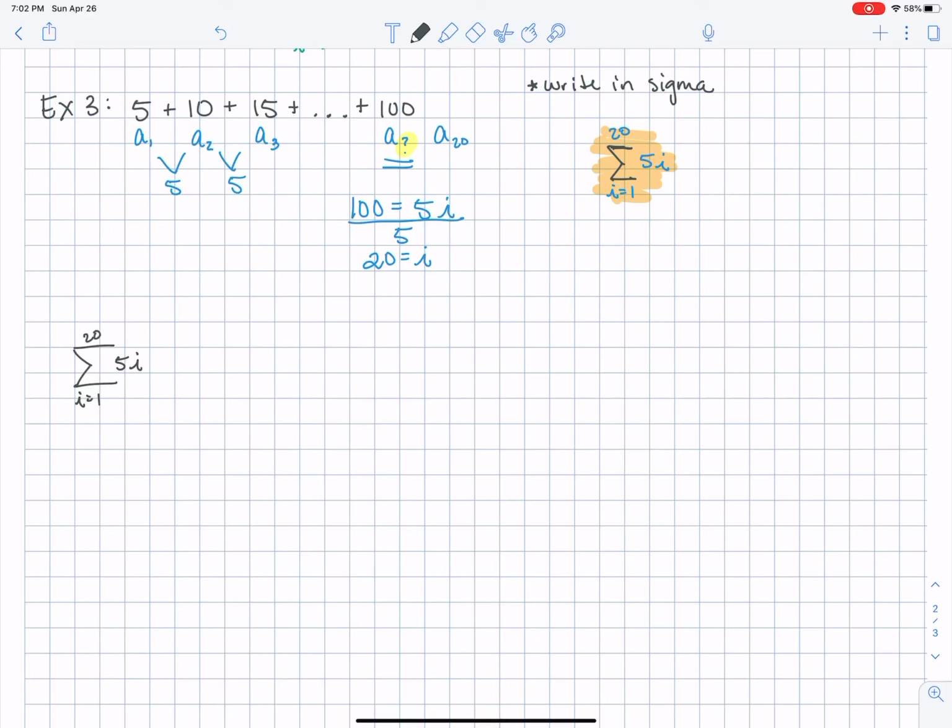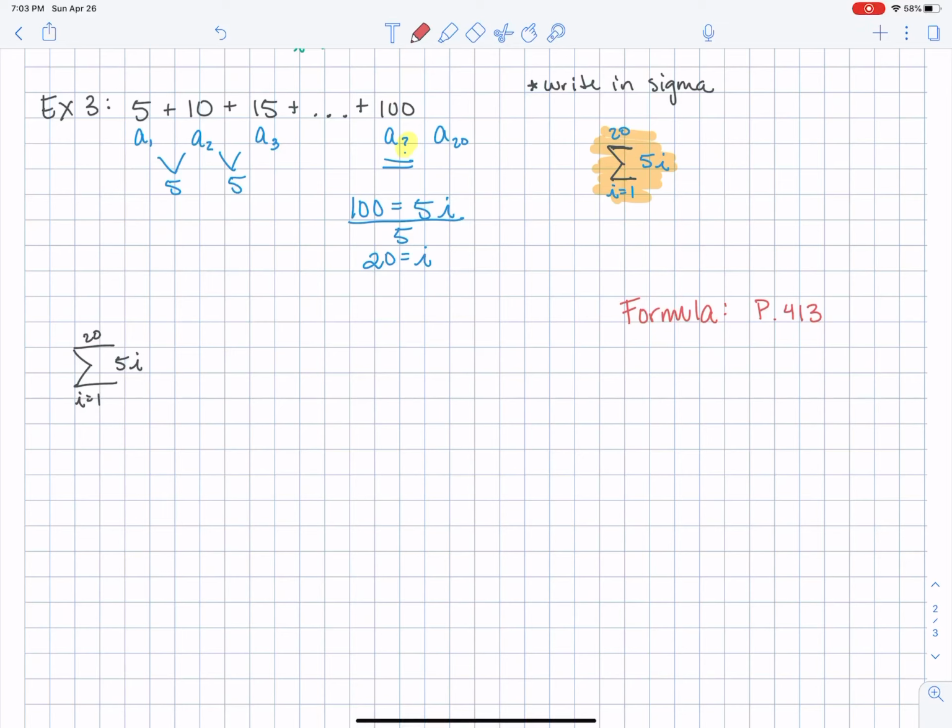Okay, option 1 is that we could just add up all these terms. Sounds pretty boring. Now, if you check your book, there are a few formulas that you can use. One of the formulas I want to point out, on page 413, is the sum of your first n positive integers.